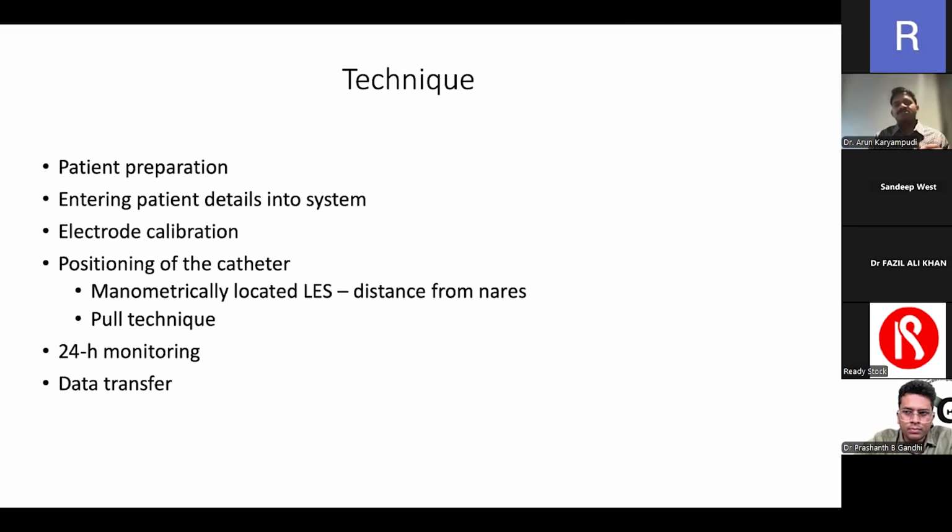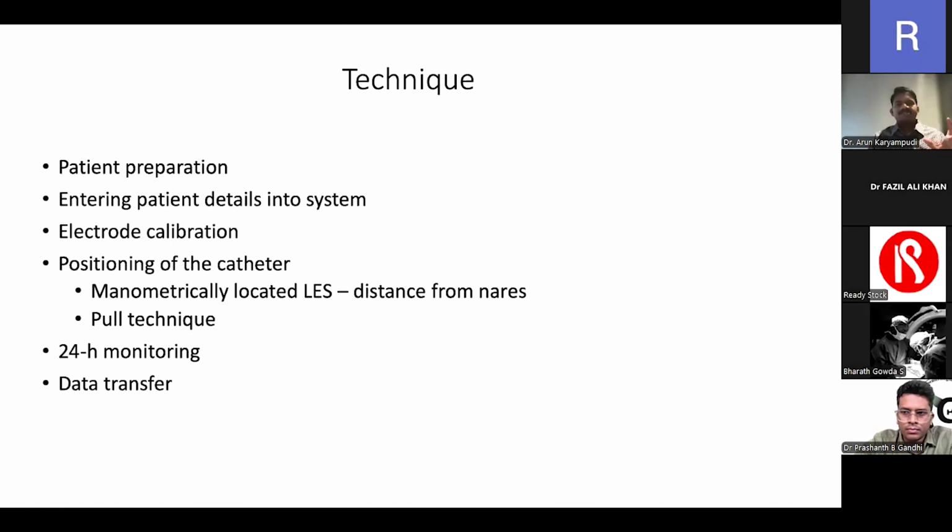Whether you place the catheter or your technician does, remember: number one, positioning of the esophageal pH sensor is important. Number two, plastering the catheter to the nose is important. Use a good quality adhesive plaster.